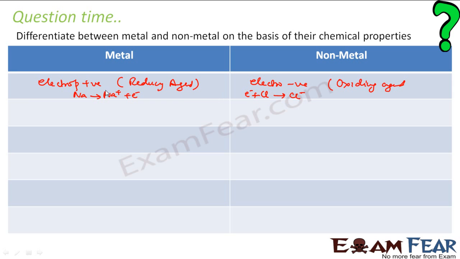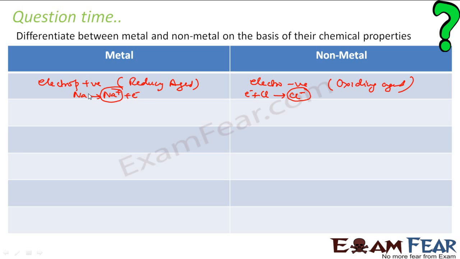So they are electronegative. Generally, electropositive means when they are positive they are more stable, and electronegative means when they have a negative charge they are more stable. And they are reducing agent and this one is oxidizing agent, because this one will reduce some other thing.